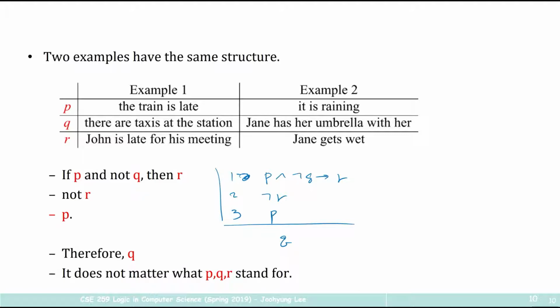Instead of John late, we say P, and similarly for the other symbols. But other than that, this is exactly the same formula. So it's interesting that these two seemingly different problems actually share the same underlying structure.